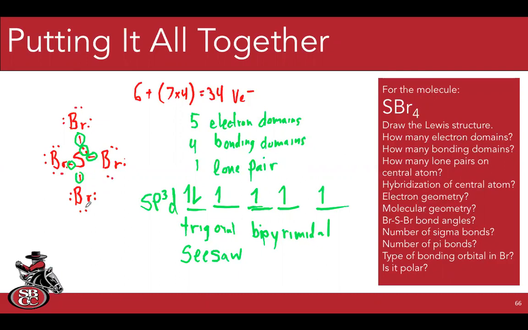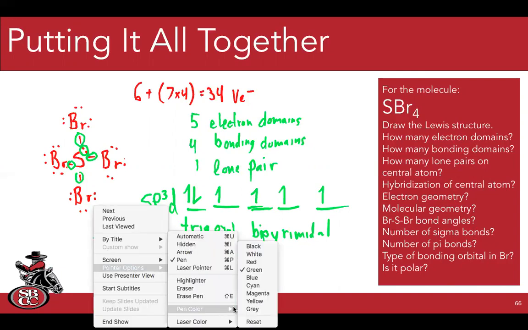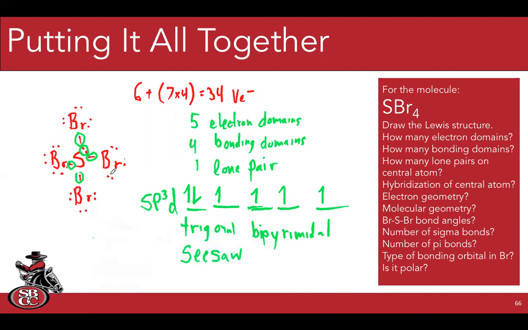So if we think about what this molecule actually looks like, to draw it a little bit nicer, if we have our sulfur, we have our equatorial bromines. I'll leave out the lone pairs for now.